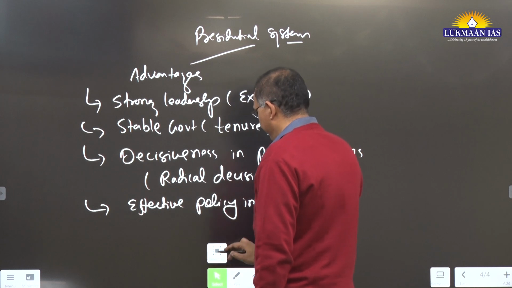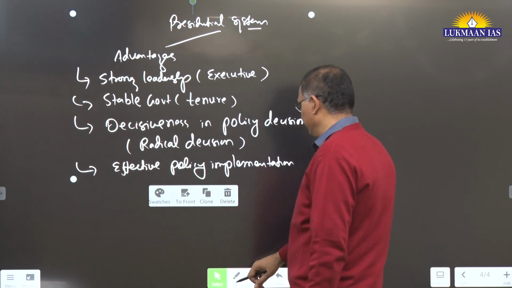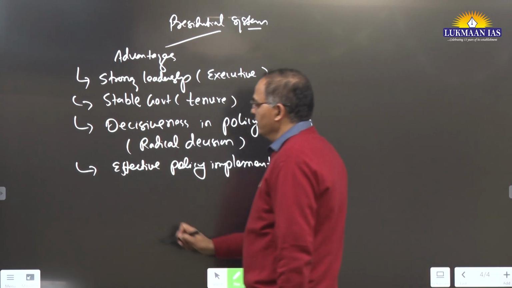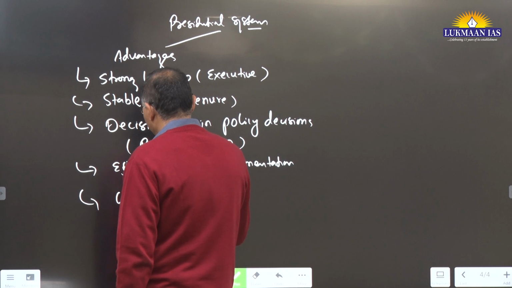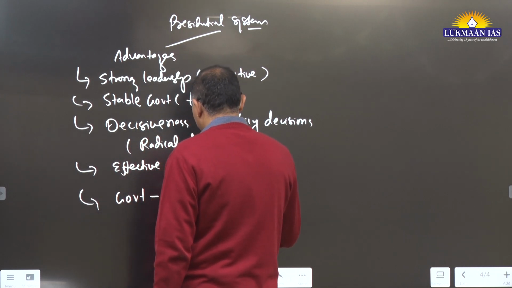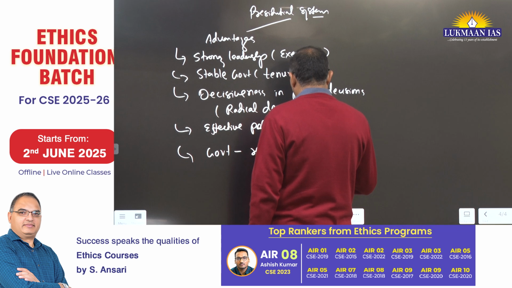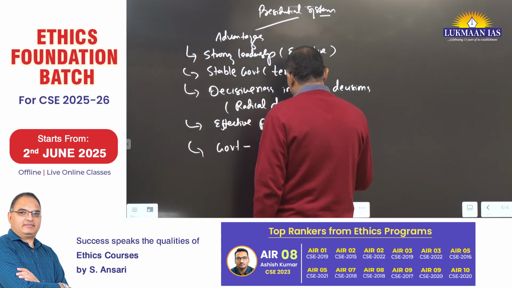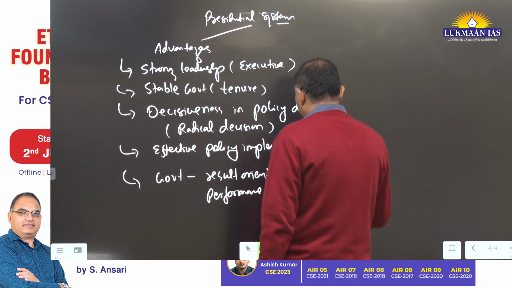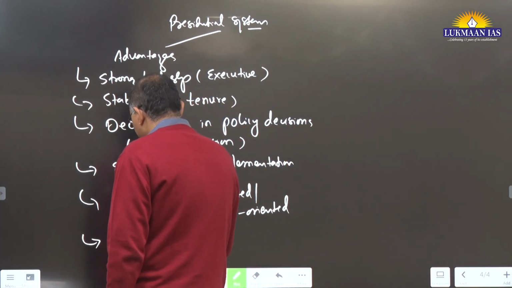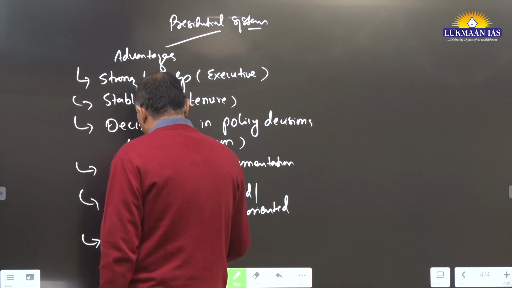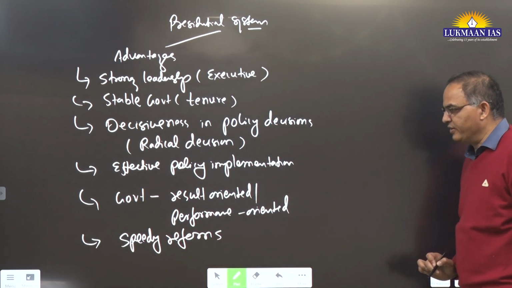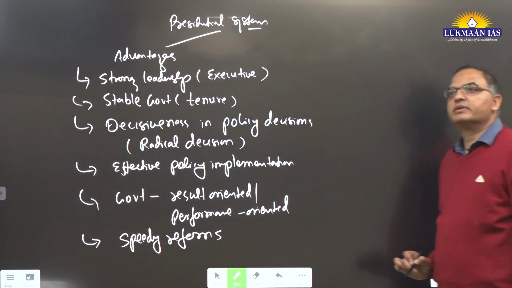We can consider the effective policy implementation. So government can become result oriented, performance oriented, and it can promote speedy reforms.